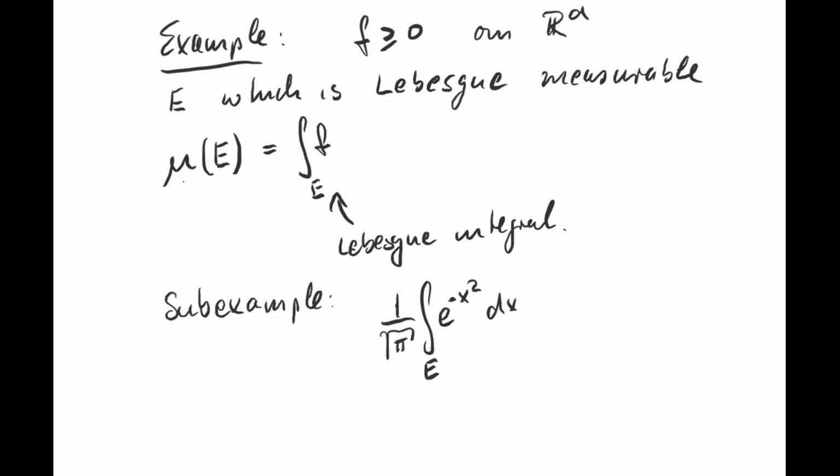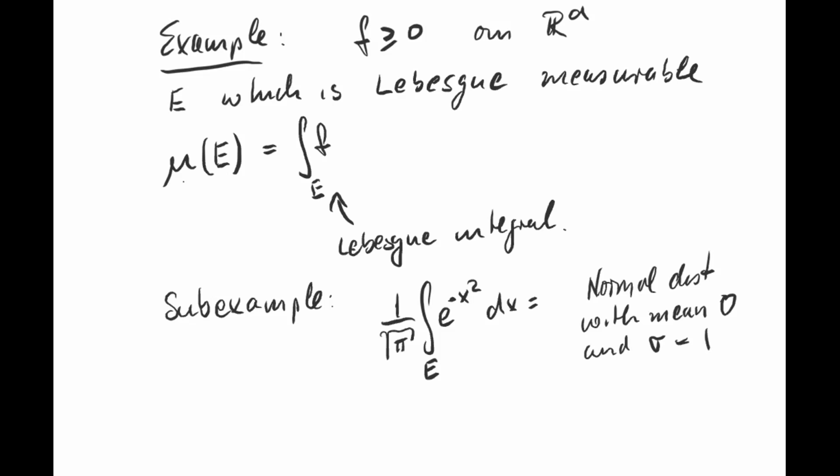Now I'm going to assign a homework problem to show that if E is equal to R, it integrates up to 1. Then this is what we call the normal distribution with mean 0 and standard deviation equal to 1.